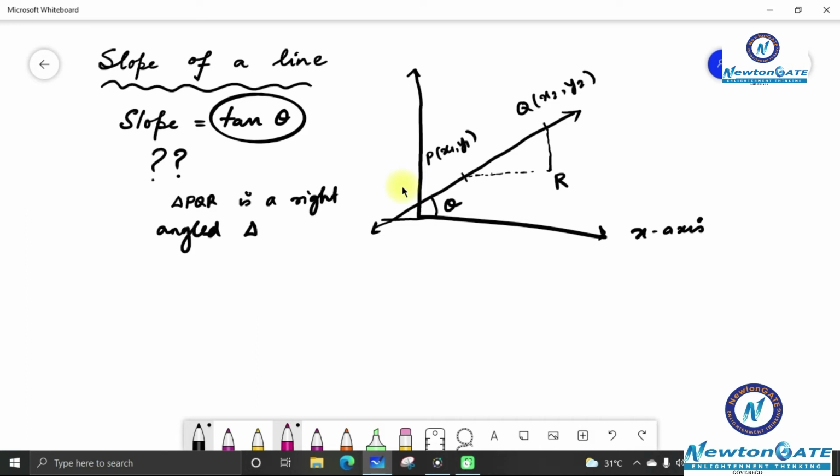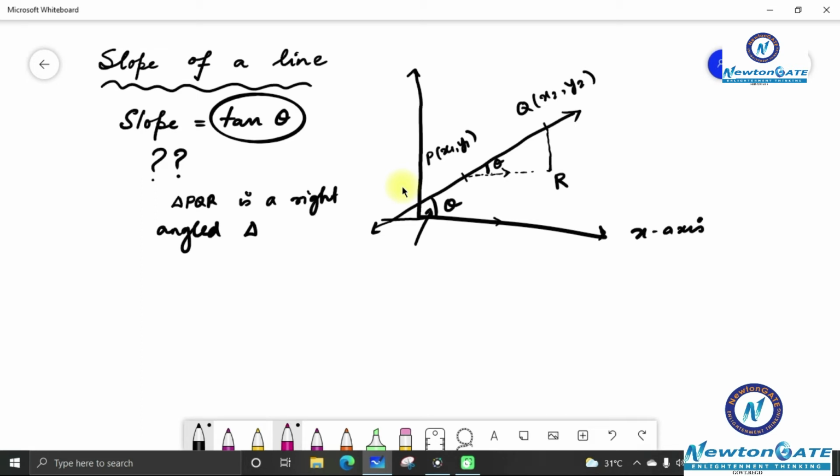Now one thing to notice is that as I had drawn this line parallel to the x-axis and since the inclination of this line is theta with respect to the x-axis, it will also be theta here as parallel lines make equal angles. So in the right angle triangle PQR, the angle is theta.